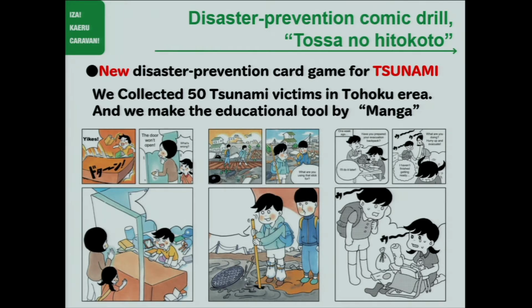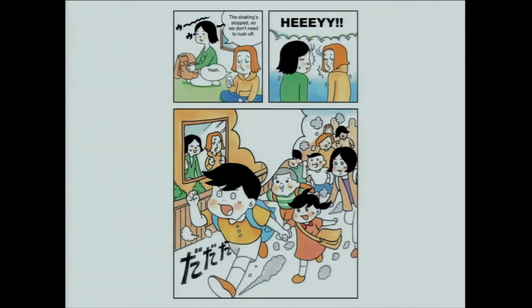And this is the case where I spoke with 50 affected people from the Tohoku Great Earthquake. By having these animated figures, it makes it much easier for the children to understand what is happening. And here, in this case, the last dialogue is left blank. This is for the kids to think about.